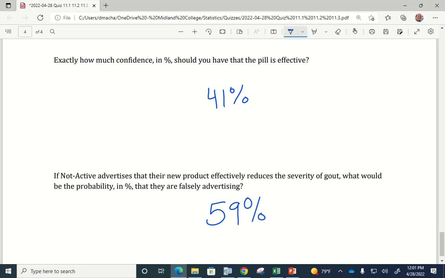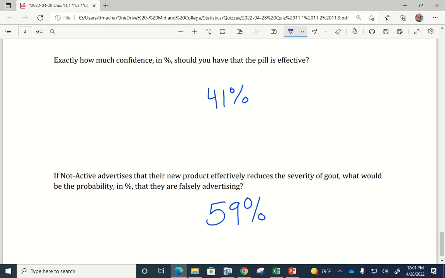So the 41% confidence here, that doesn't mean like, oh yeah, maybe it works. Like, 41% chance, that's like a 2 out of 5 probability that this is going to do something for me. I would tend to disagree with that interpretation, just because, again, in the data that we collected, it showed that people were actually having worse pain if they took the gout treatment pill on average, right?